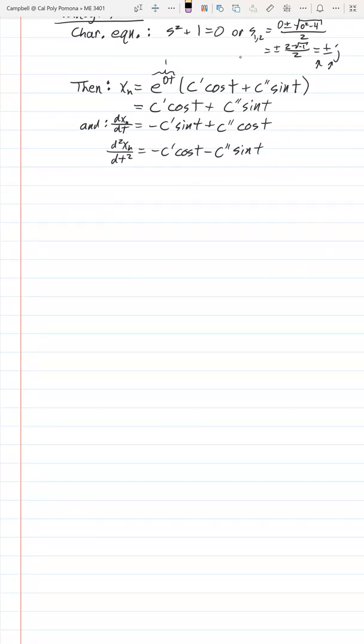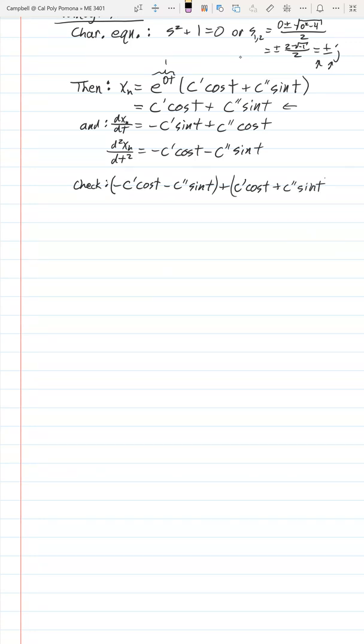So let's go ahead and just make sure. So we have negative c prime cosine of t times 1, right? This whole thing is times 1. So this is my second derivative times 1, and then we get a plus 1 times x. And remember, this is our x up here: c prime cosine t plus c double prime times sine t.